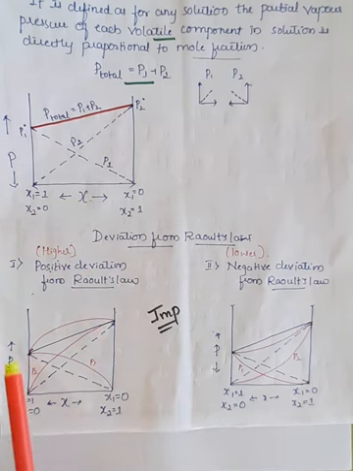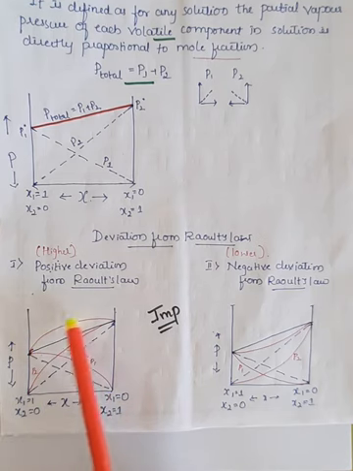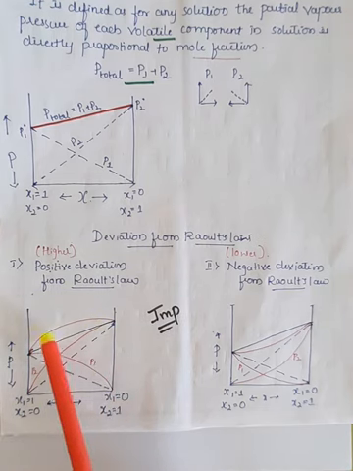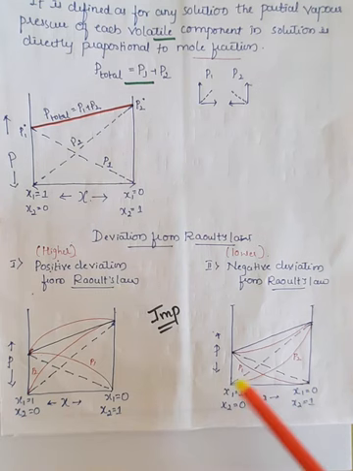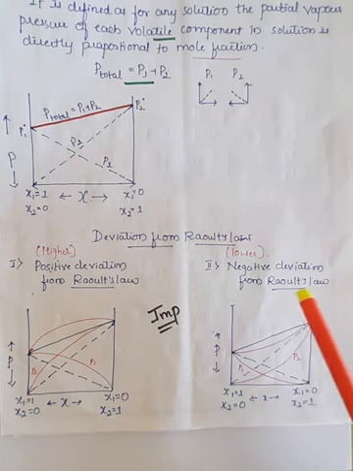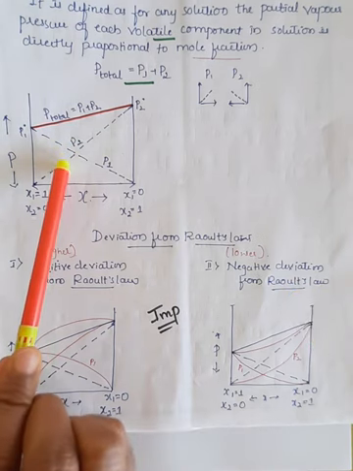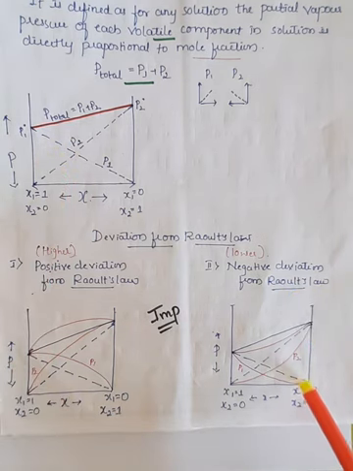Here you can observe that P1 has increased, P2 has also increased, and P total has also increased. So this is called a positive deviation from Raoult's law. Now if you observe the second one, case 2, that is negative deviation from Raoult's law. The normal Raoult's law graphical representation I have drawn here initially.